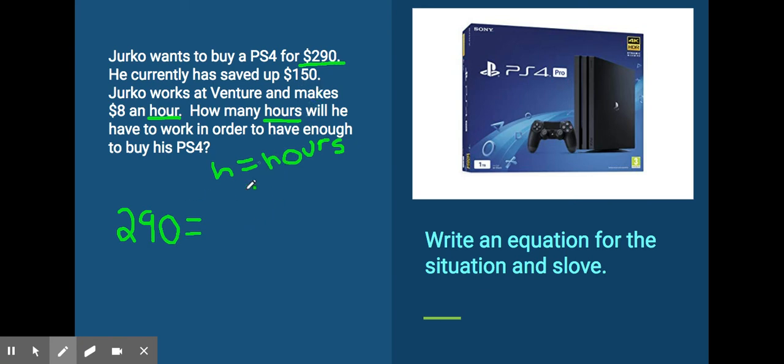Now, what do we know? We know he already has 150 that he's going to use towards it. So he has 150. With that, he's going to add the amount of money that he makes working at Venture. Well, how do we know how much money he makes at Venture?